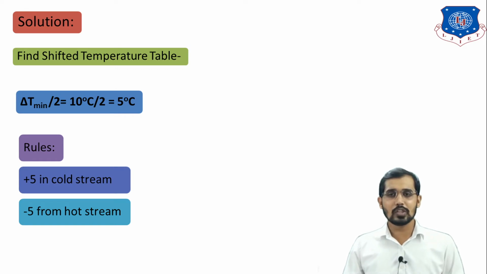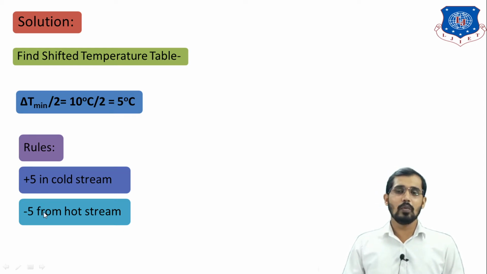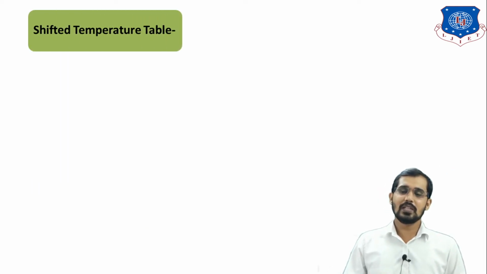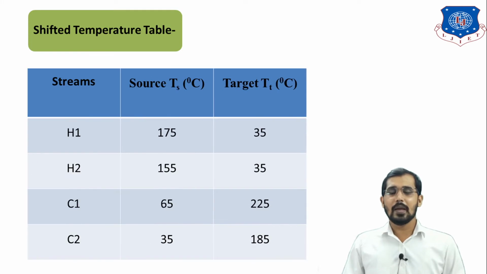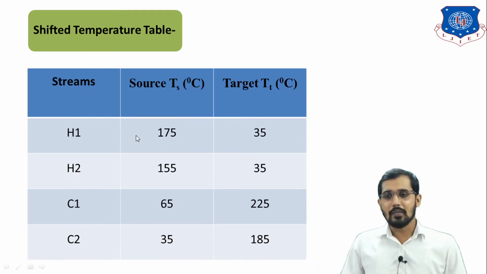So you can see the rules on the screen. First one is plus 5 in the cold stream and minus 5 in the hot stream. I already told you why we are removing 5 in the hot stream and adding 5 in the cold stream. So for the shifted temperature table, by using those rules I will get this data. The source temperature for H1 stream is 175, target temperature is 35.